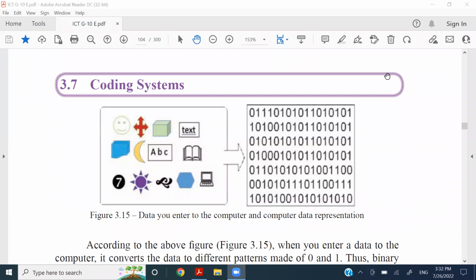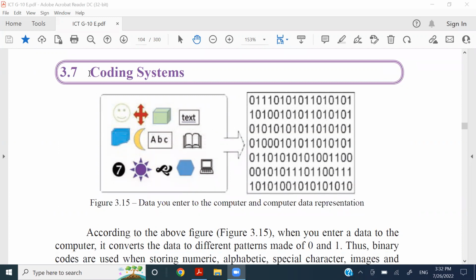All right. So regarding the coding systems, let's quickly write these things down. We discussed this earlier. So have the heading coding system.